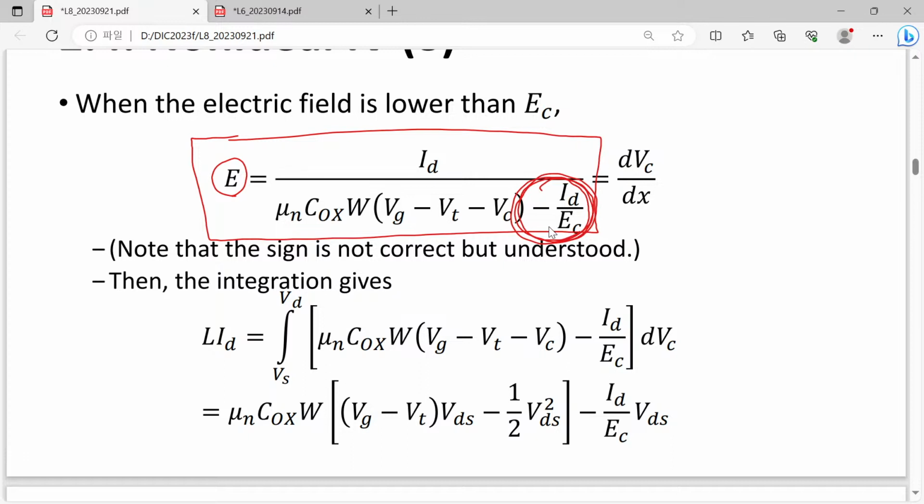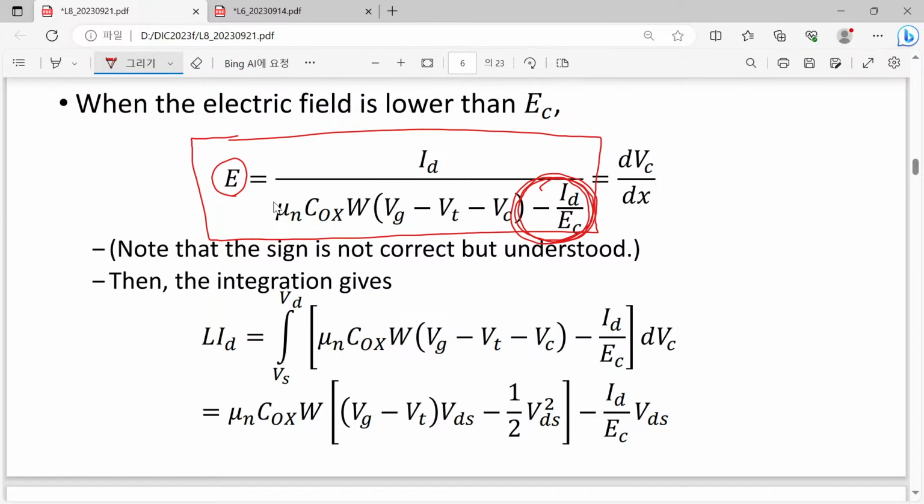Okay, now the remaining thing is quite straightforward, since the electric field is given by just the derivative of our channel potential. After that, this ID, the drain current, can be considered constant over any position x, so we can simply integrate it.